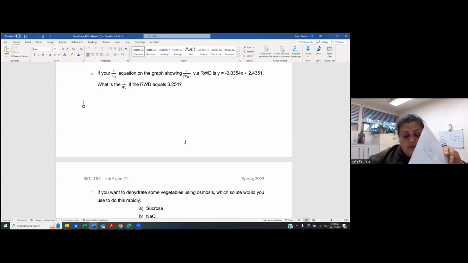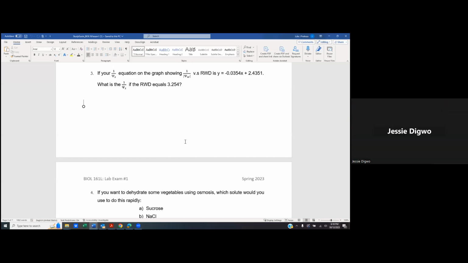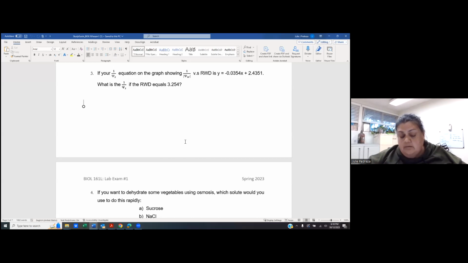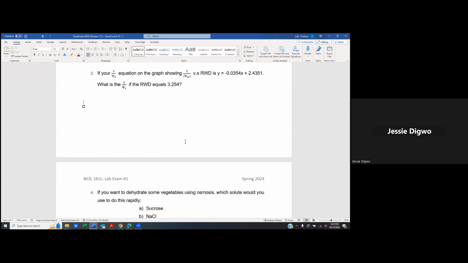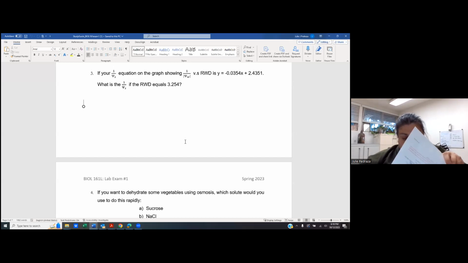You want to know how many graph questions are on there? Four. You guys want to know how many are equations? Let's see, 1, 2, 3, 4, 5, 6, 7, 8.